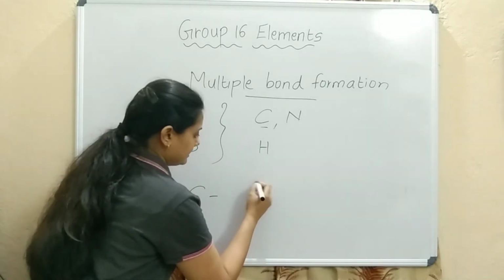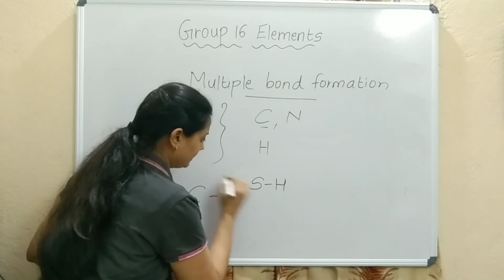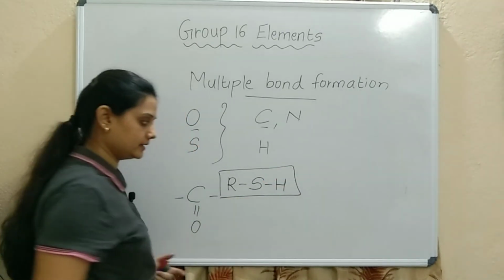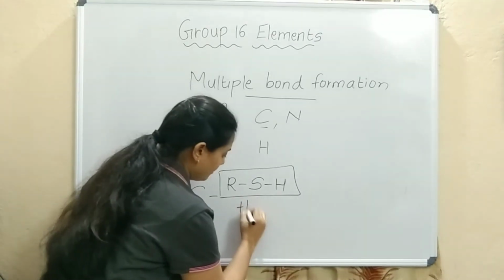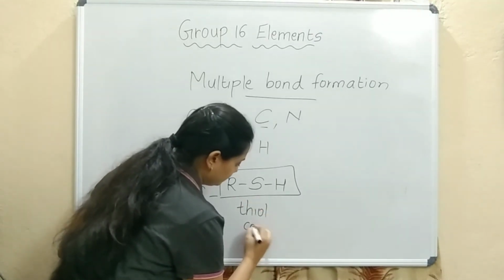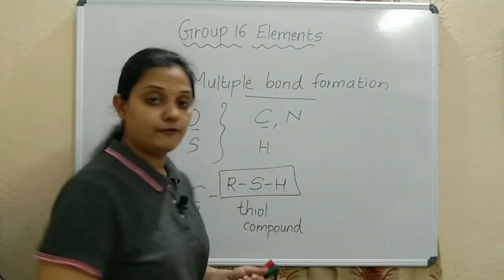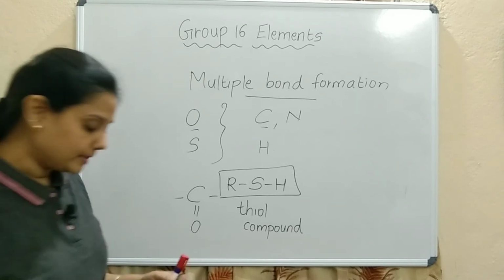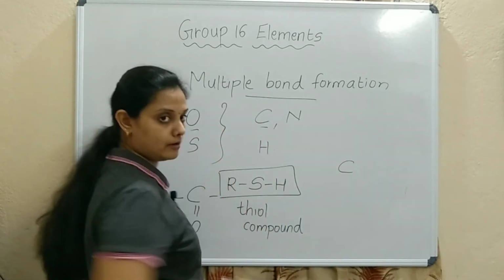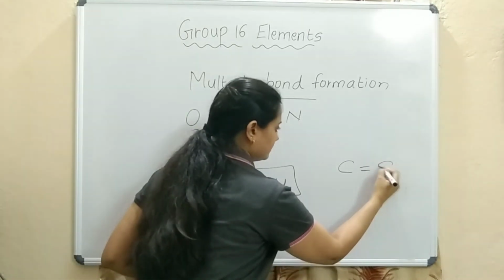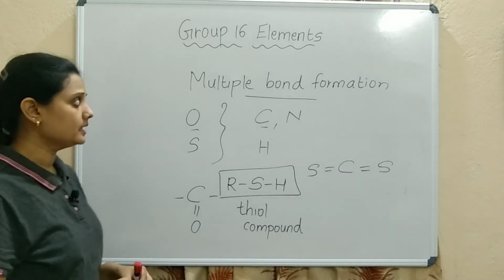Sulfur can attach with hydrogen, I will write it as RSH, where it is a thiol compound. Even it can form carbon disulfide, CS2, carbon and sulfur, where multiple bonds are present, right.